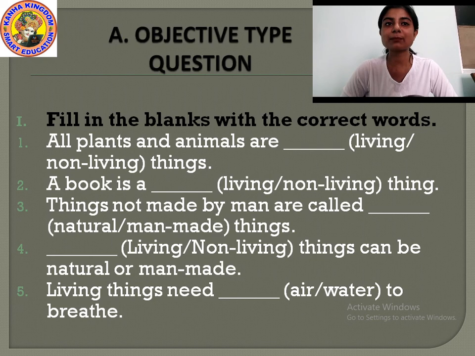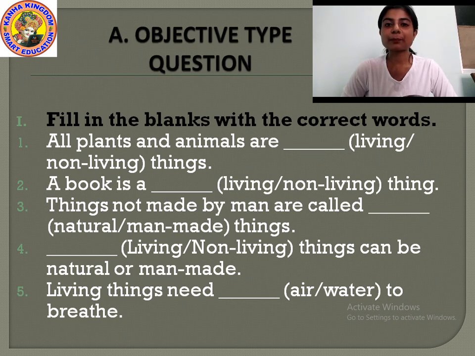Number 5. Living things need dash, air or water, to breathe. The answer is air: A-I-R. We need air to breathe.